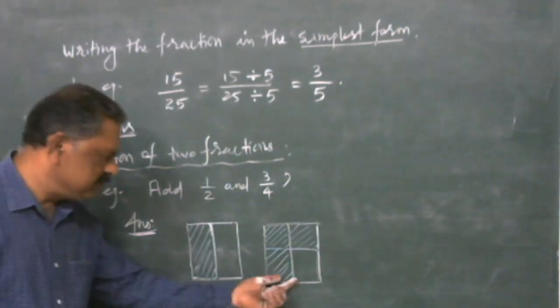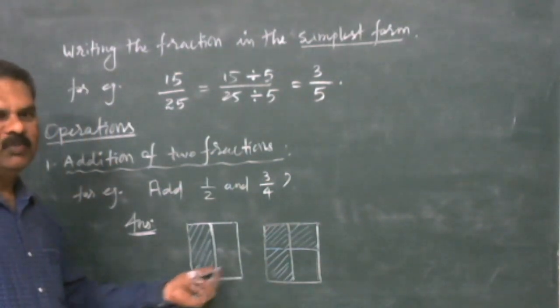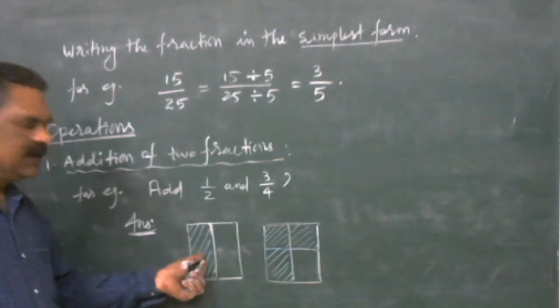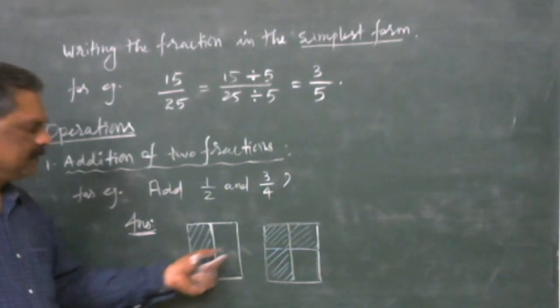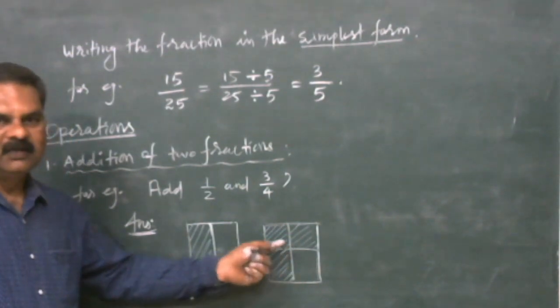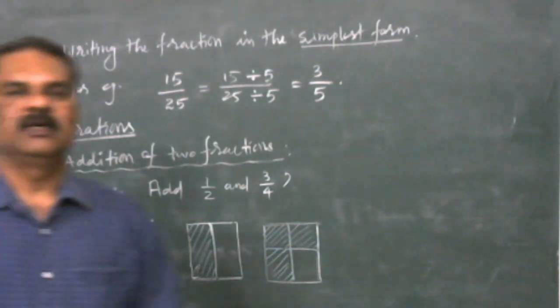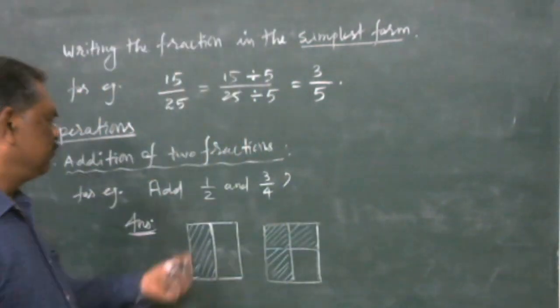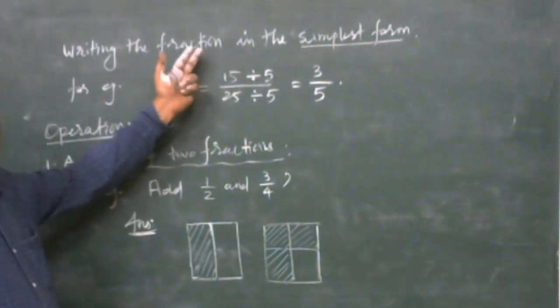Now look at the parts in both. Here the piece is very big. Here the pieces are small. So if the pieces are not equal, we cannot add. So we have to use the idea of equivalent fractions.